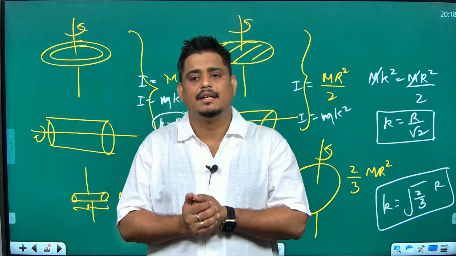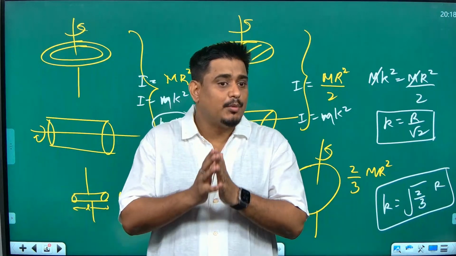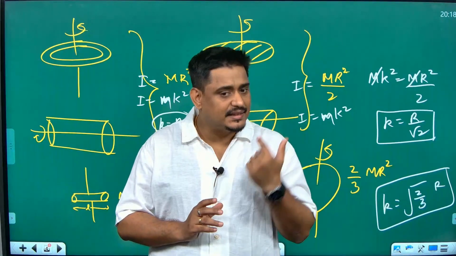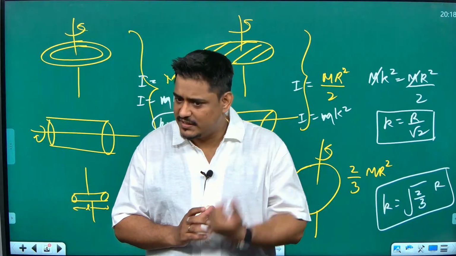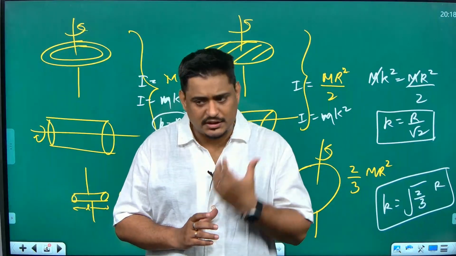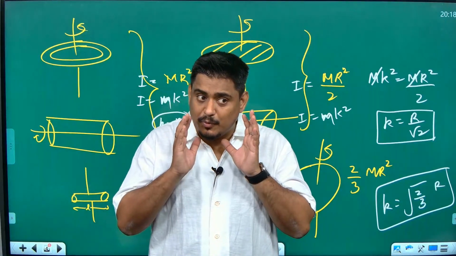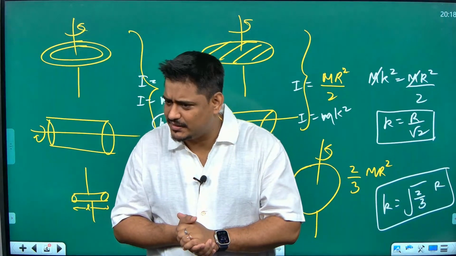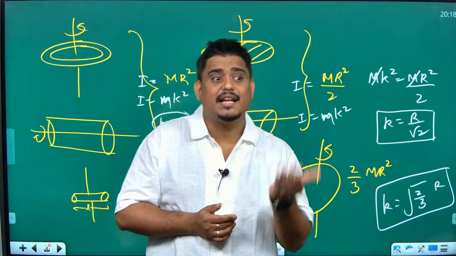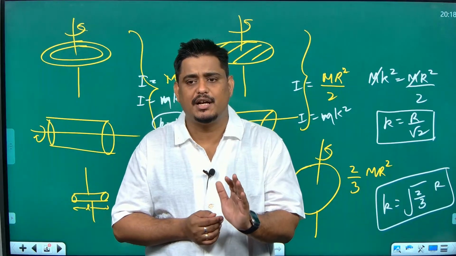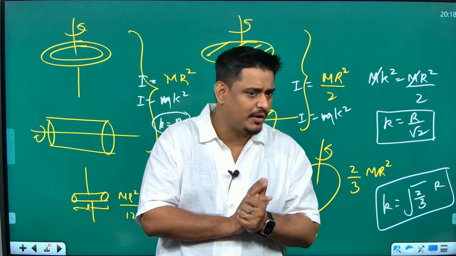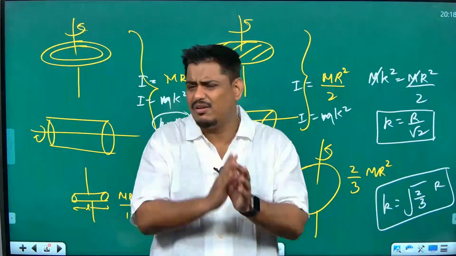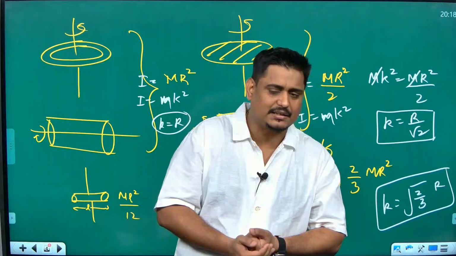Then we learned the moment of inertia of some shapes, for example, a ring, a disc, hollow cylinder, hollow sphere, solid sphere, only for the axis passing through its geometrical center. How to find moment of inertia for any other axis, like passing through the diameter or the tangent, is not required for school; we will discuss all these in Sunday's class.